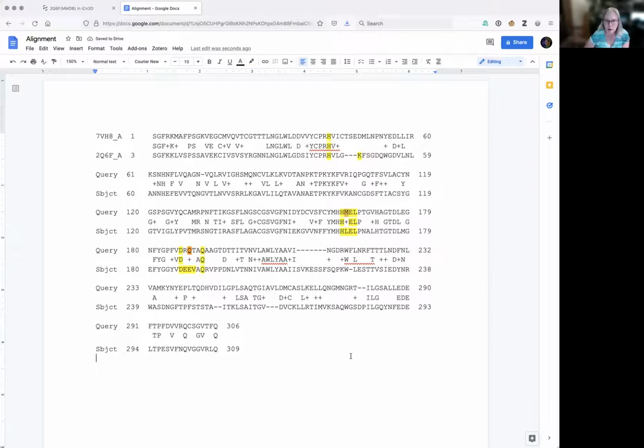Okay, so I can look at this and I can figure out how many of the binding site amino acids are present in both of the structures. If I count them, there's 1, 2, 3, 4, 5, 6. Okay, so 6 are identical. If I count the conserved ones, I've got 8 that are identical or conserved.